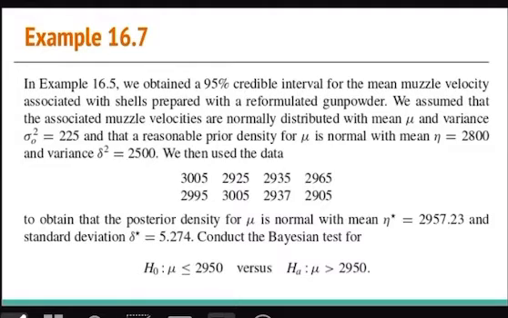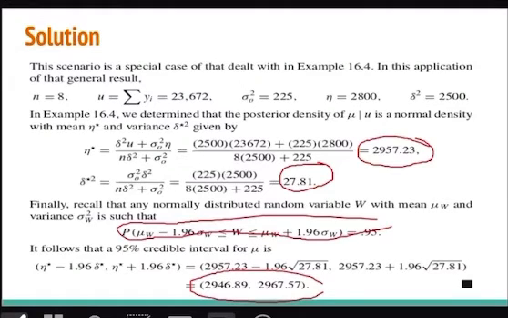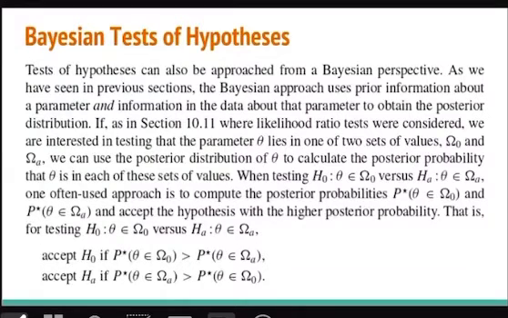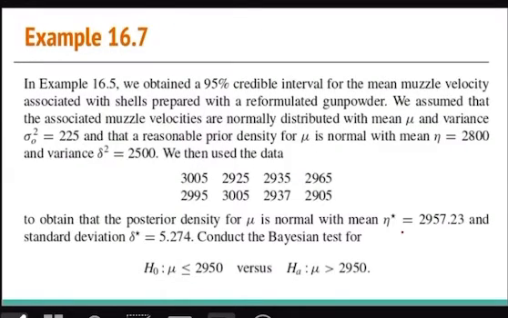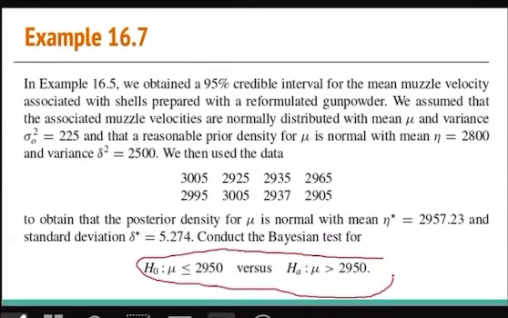in example 16.5, the example that we did the other time, which we used for confidence interval, where we have data, let us now assume that this is the hypothesis that we want to test: theta less than or equal to 2,950 against greater than that.